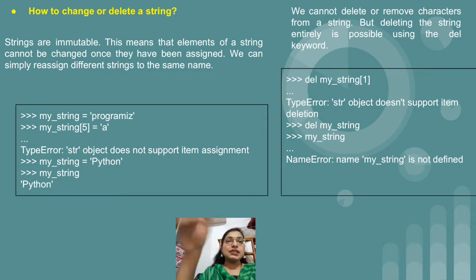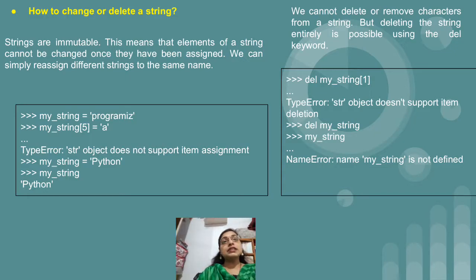We cannot replace a character, we cannot delete a character, but the entire string you can delete with the help of del, that is del space my_string. And after that I have tried to print my_string, then we will get an error message, because just now with the help of the del keyword we have deleted that variable, my_string.